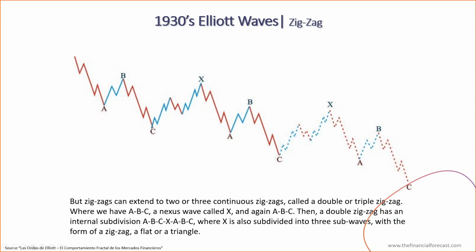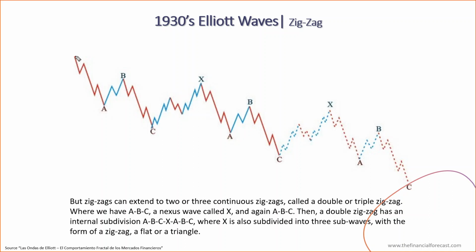Then Elliott described not only the five-wave patterns that we described before, but also the zigzag. And he realized that the zigzag can combine up to 3 times, creating something similar to a 5-wave pattern.